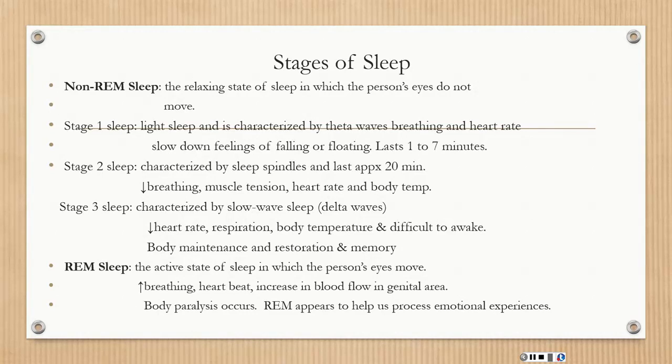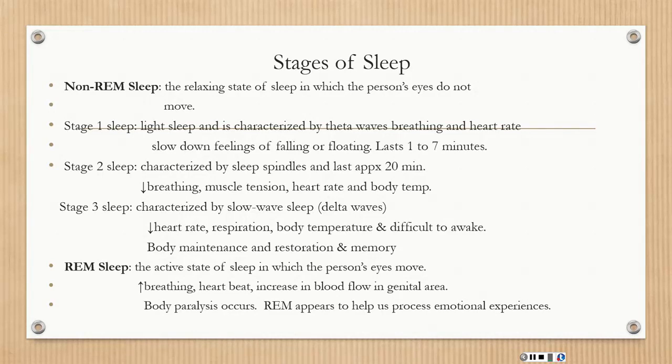This mild hallucination could be that someone's calling their name or someone is talking to them, but it's not actually occurring. But stage 1 sleep, again, is very light, and it can last anywhere from 1 to 7 minutes. You'll also find that your body is relaxing, which is reflected in the fact that your breathing rate decreases and your heart rate decreases as well.